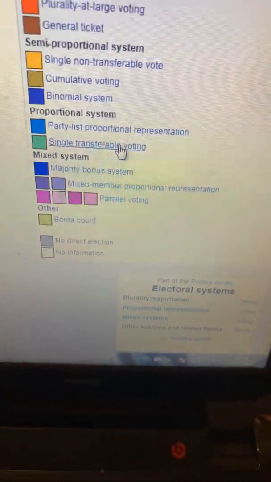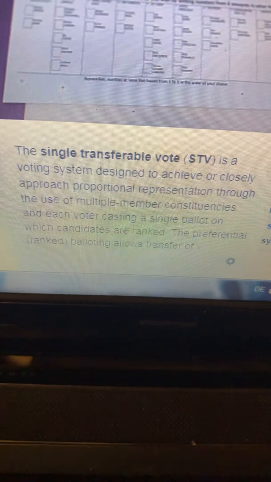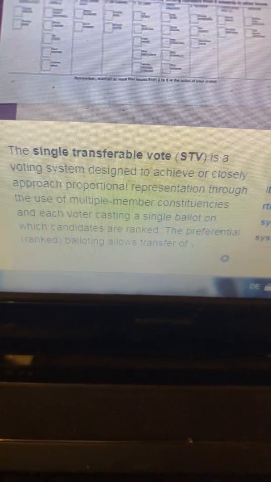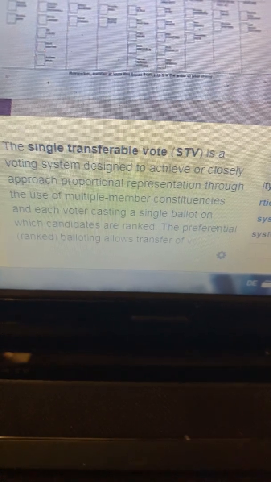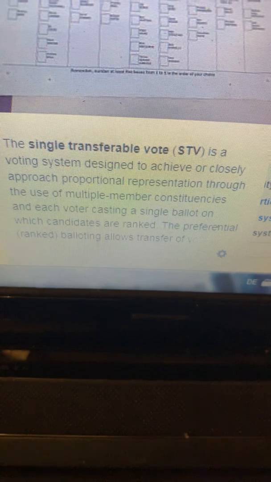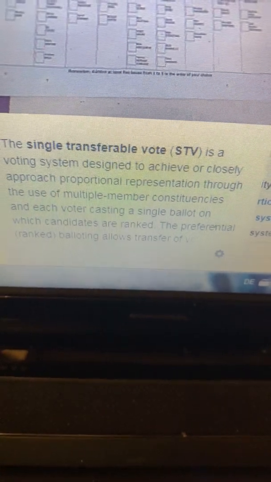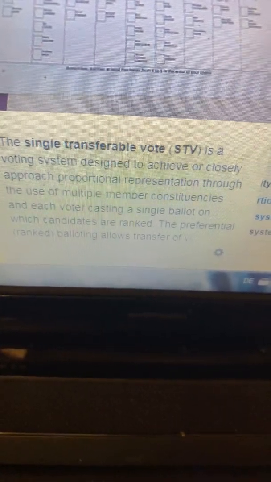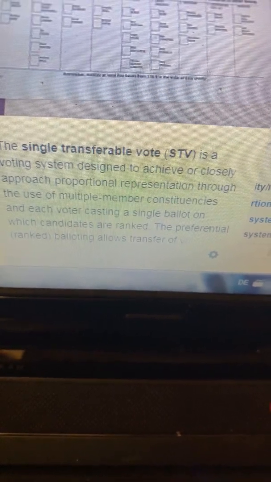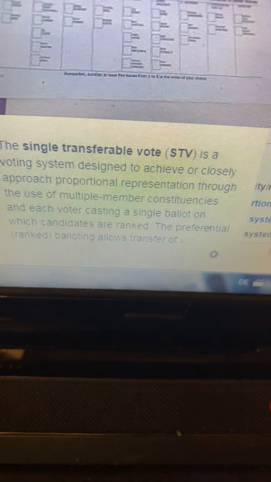And single transferable vote, STV, is a voting system designed to achieve or closely approach proportional representation through the use of multiple member constituencies and each voter casting a single ballot on which candidates are ranked.